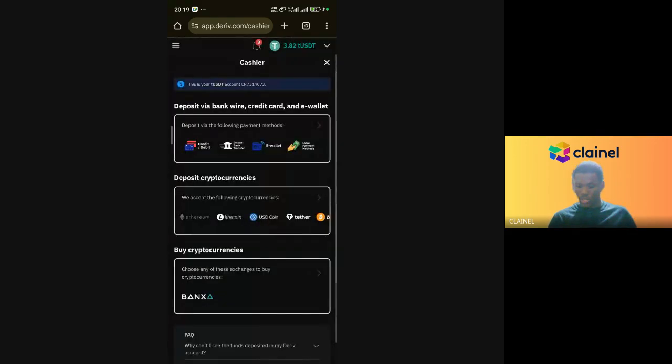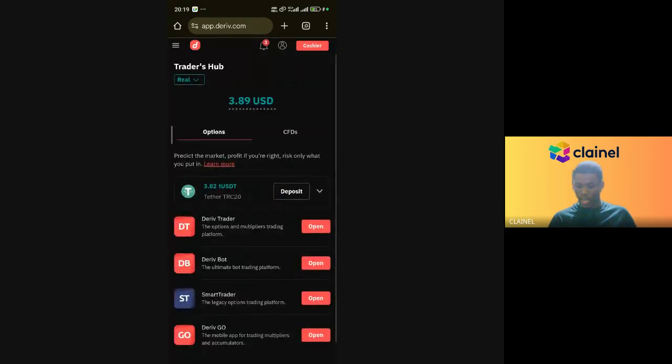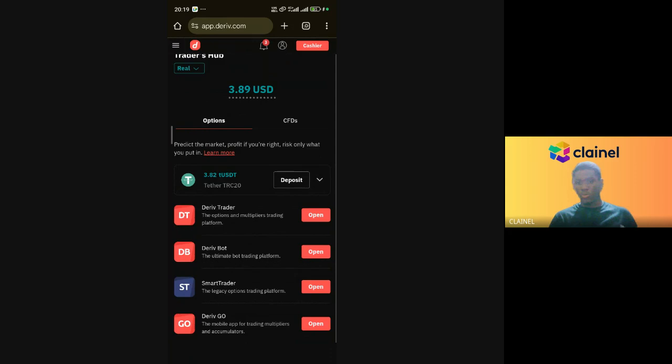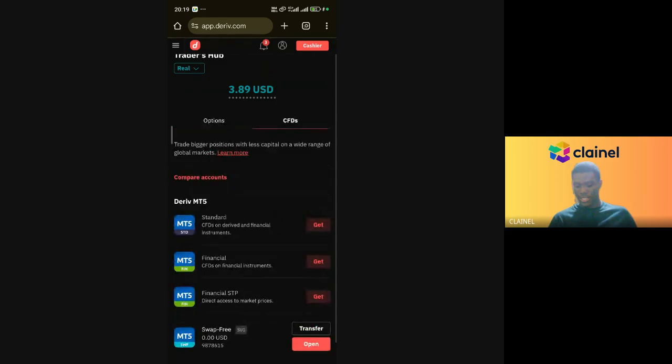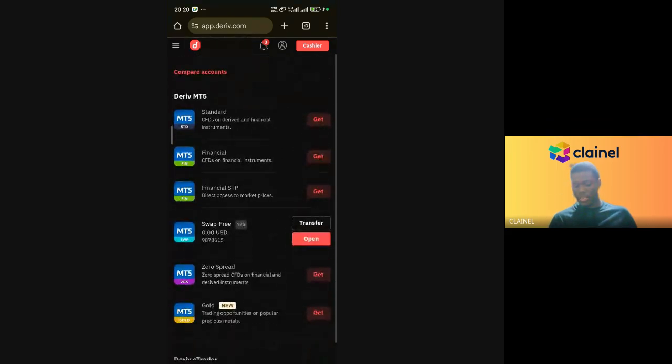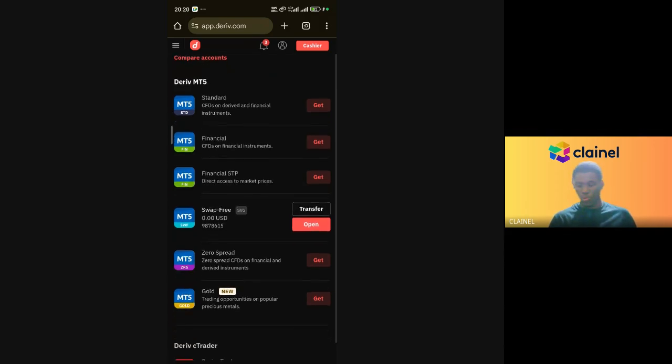Next we are going to set up the account. So for us to set up our accounts that will connect to our MetaTrader 5, all we have to do is click on CFDs. Once you click on CFDs, we're going to use the MetaTrader 5 Swap. That's this one here that is showing open and transfer.